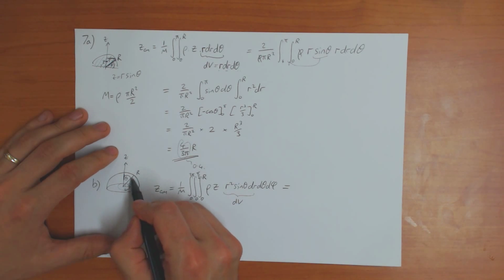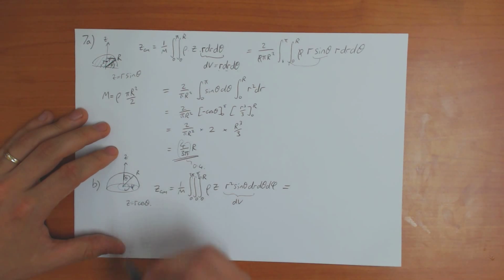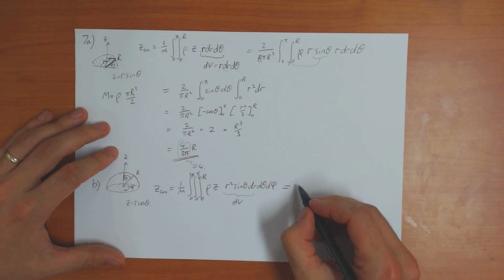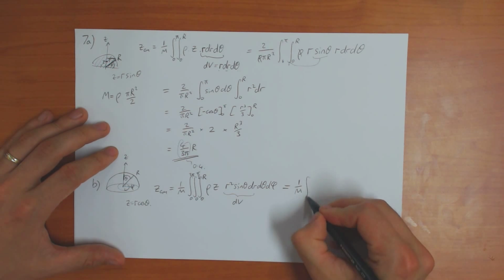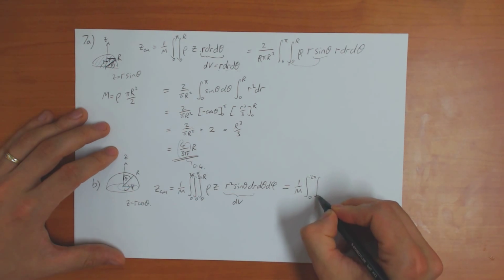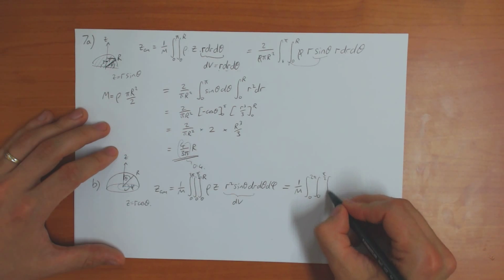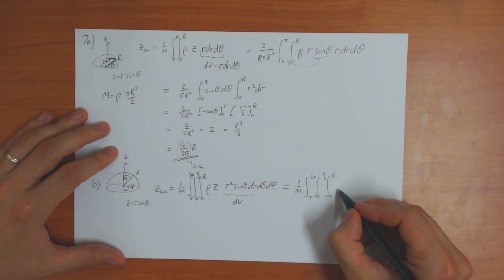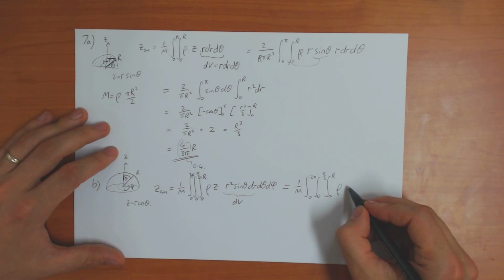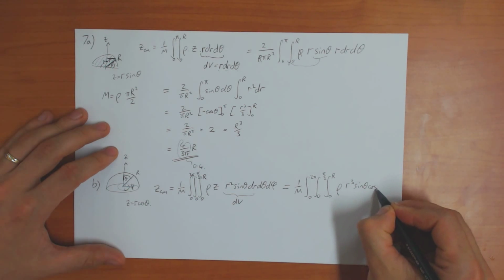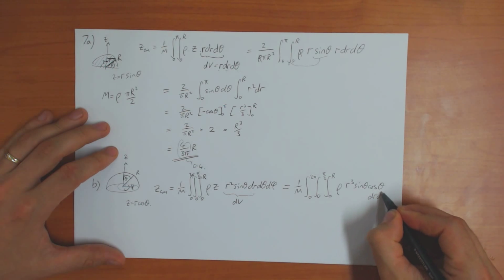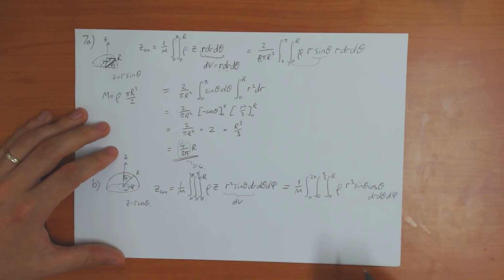Z, you can see from here, is r cos theta. Okay, so now we can separate the... okay, let me write it again. 1 over m, integral 0 to 2 pi, integral 0 to pi by 2, integral 0 to R of rho times r cubed sine theta cos theta dr d theta d phi.